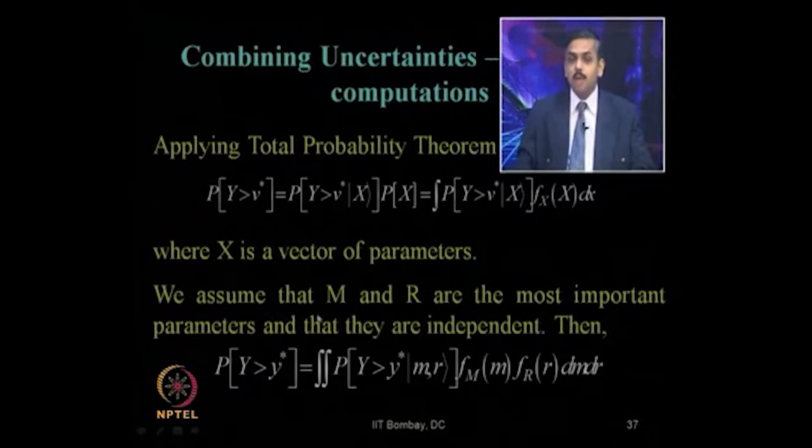So, we assume that m and r are the most important parameters. Let us say among all the uncertainties, m and r are the most important parameters.